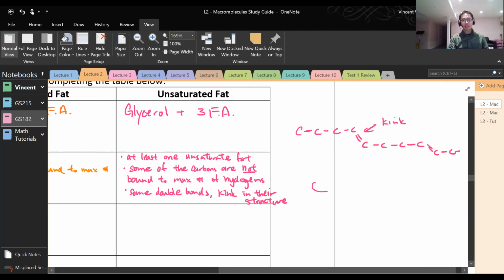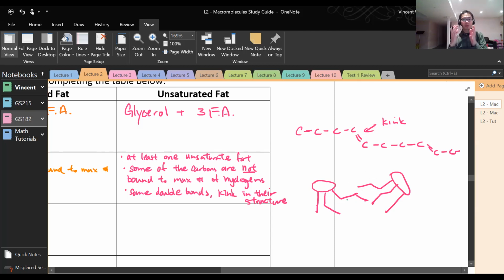So if you imagine this is your glycerol, for the unsaturated fat you might have one fatty acid that's saturated and another one that's not, and it has all these kinks in the tail, because of all these kinky fatty acid tails, they're sticking out all over the place.